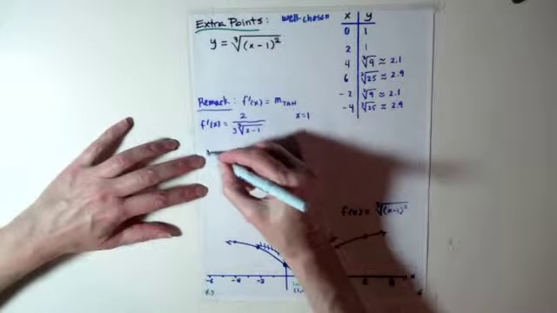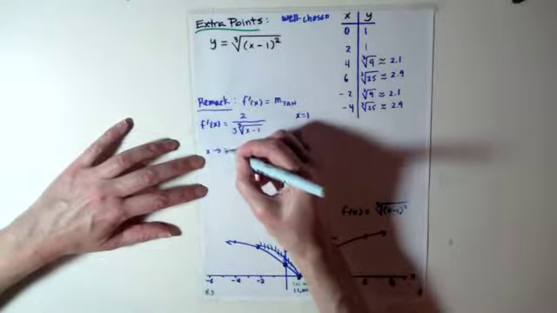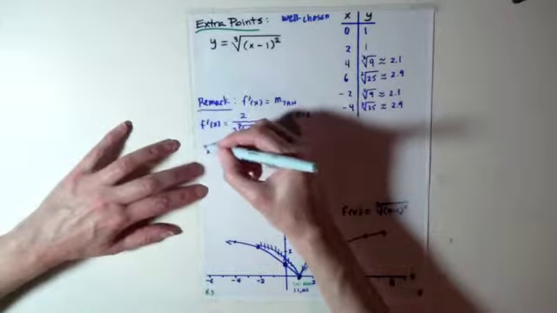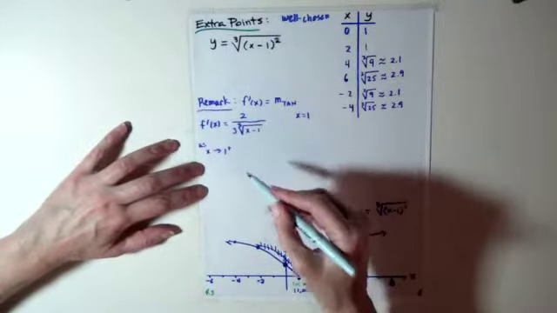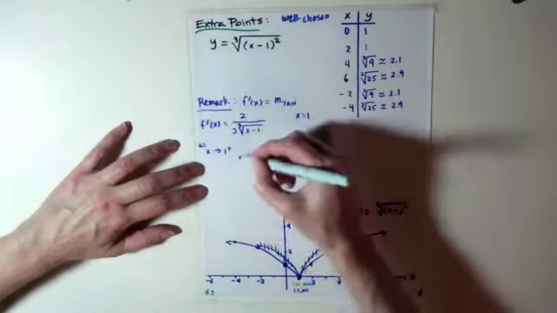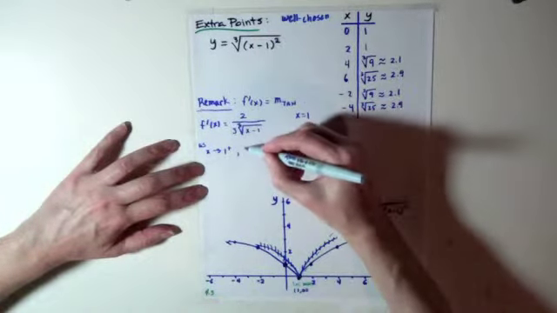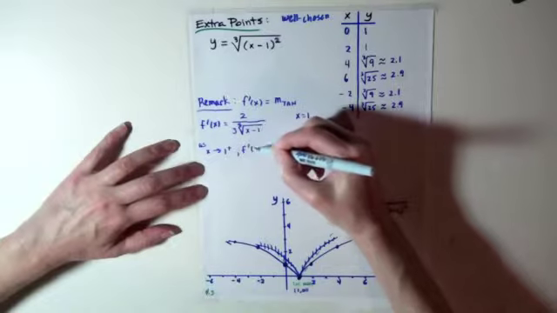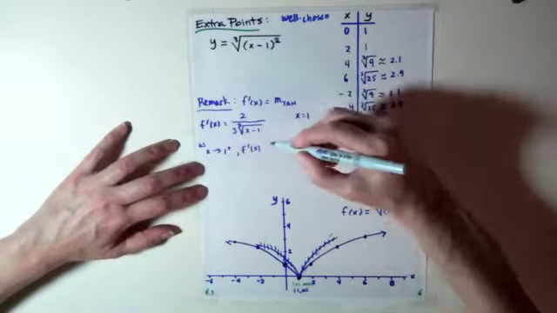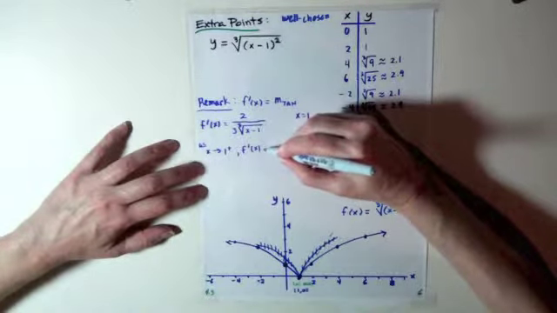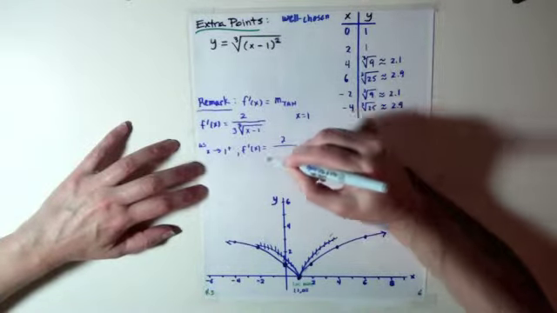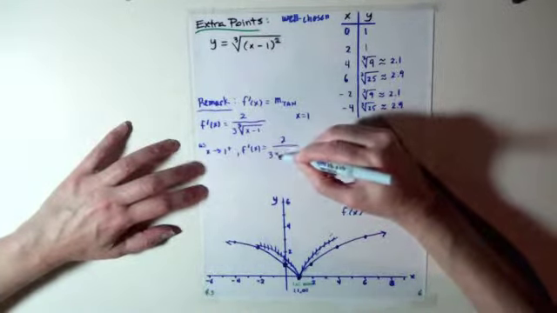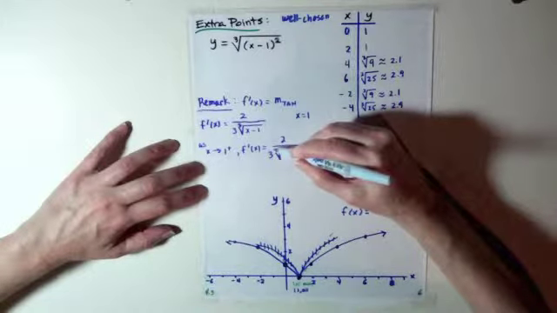I'm going to allow x to get closer and closer to 1 from the right. So I'll say as x gets closer and closer to 1 from the right side, we're going to try to decide what happens to f prime of x, which is this expression. So f prime of x will be equal to 2 over 3 times the cube root.